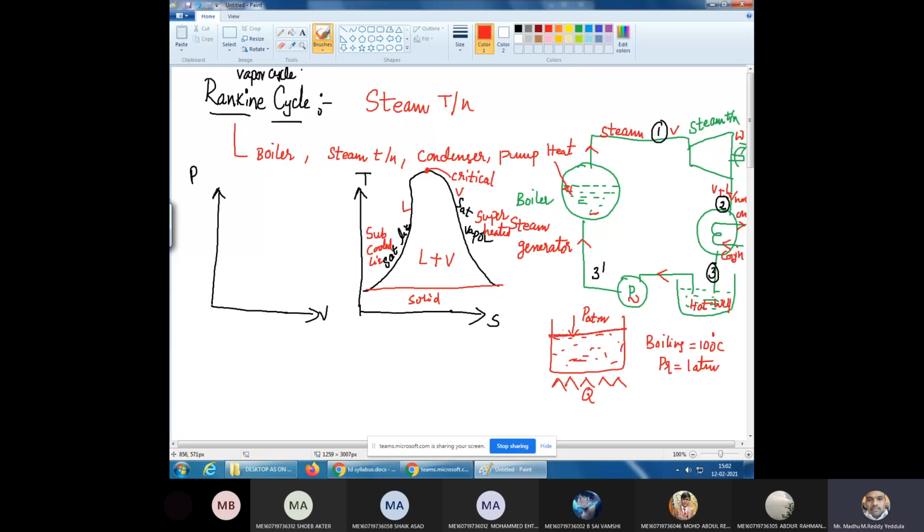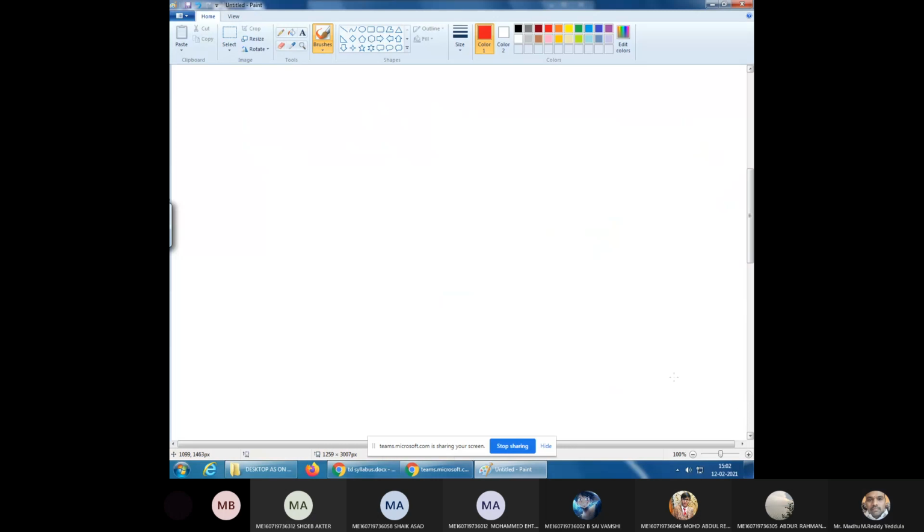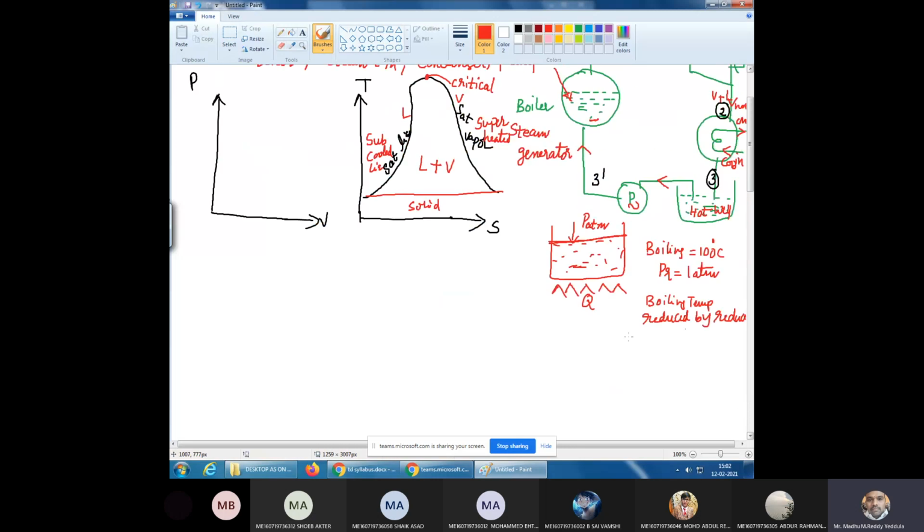If you reduce the pressure acting on the liquid, its boiling temperature is also reduced. Got the point?